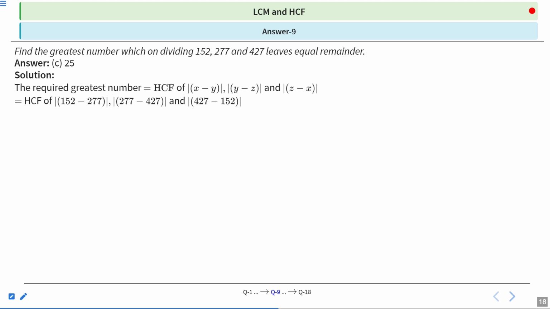So the HCF of these numbers should be that greatest number. So the HCF of 125, 275 and 150, that is 25, is the required number which when it divides 152, 277 and 427 is leaving equal remainder in each case. So option C 25 is the correct answer.